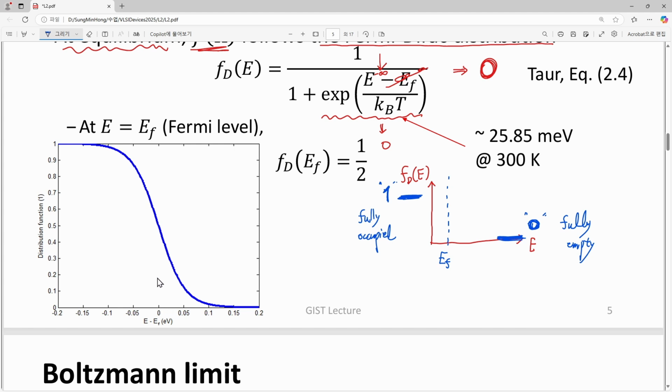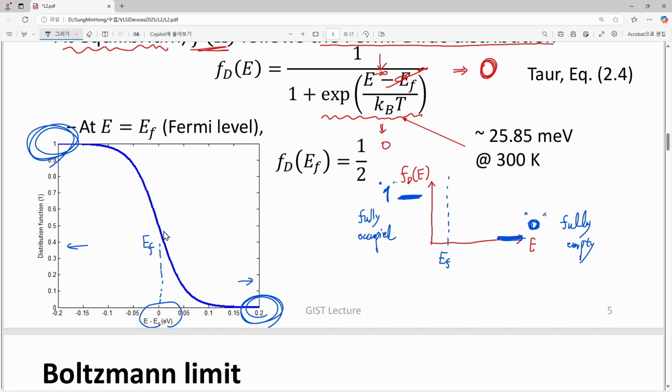And here we have the number 0 as EF. This is the EF value. And if we go to the lower energy, it is rapidly approaching the value of 1. And if we go to higher energy level, then it is also rapidly approaching the value of 0. Of course, in between, we have certain transition from 1 to 0, and it looks quite smooth.